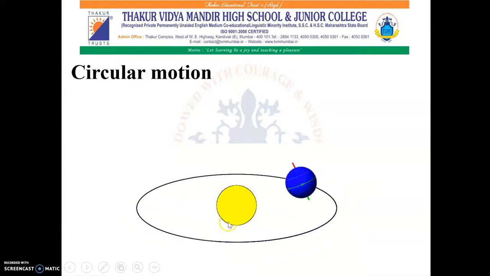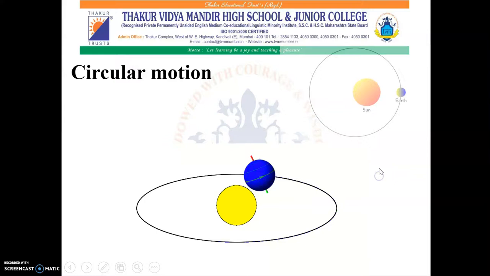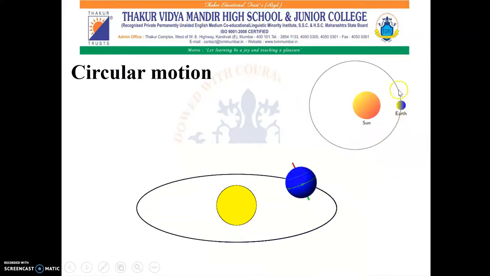So, this picture shows the motion of Earth around the Sun. Earth is revolving around the Sun, right? So the path followed by the Earth is circular. So this type of motion is called circular motion.